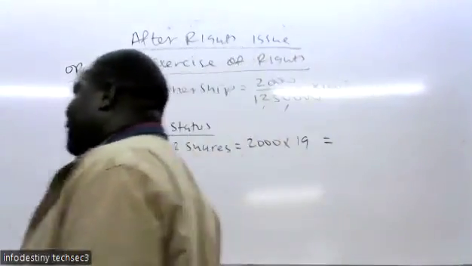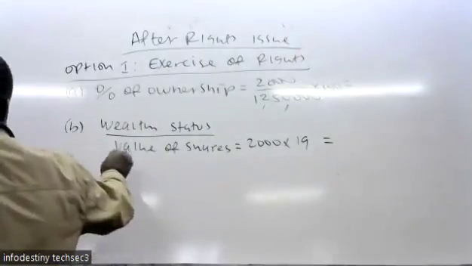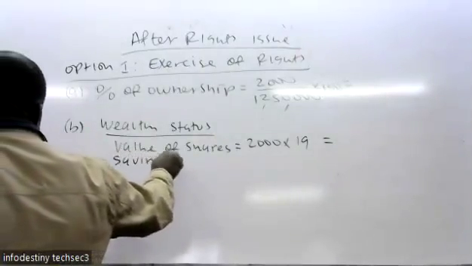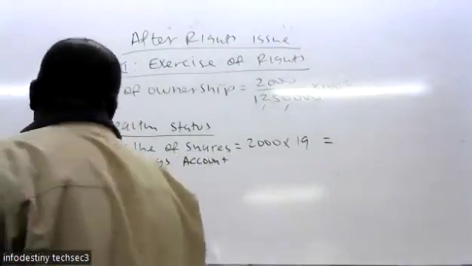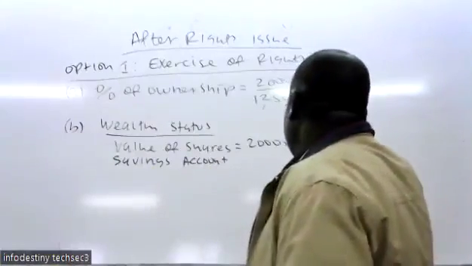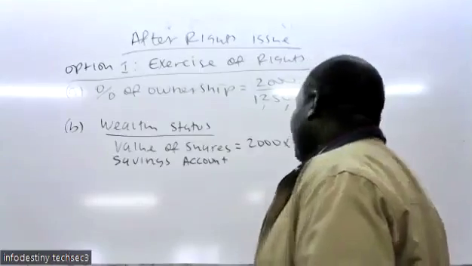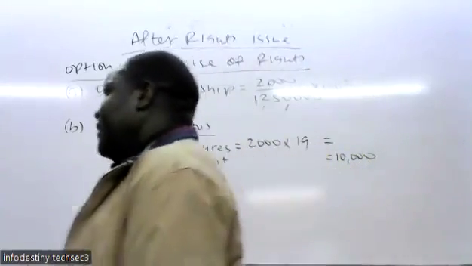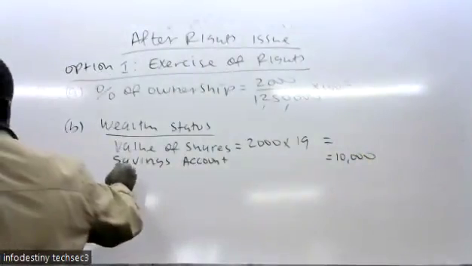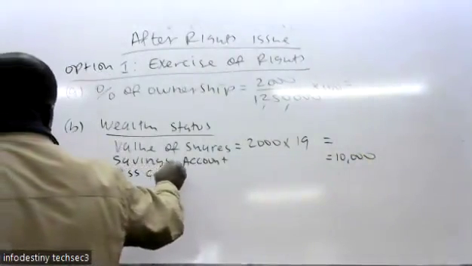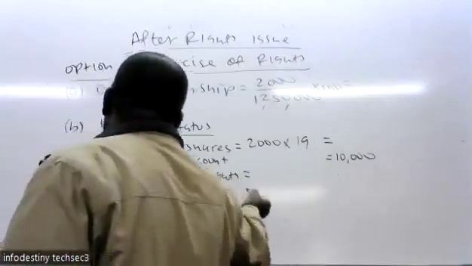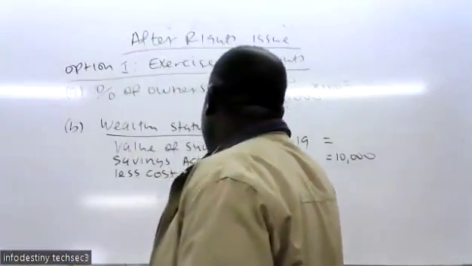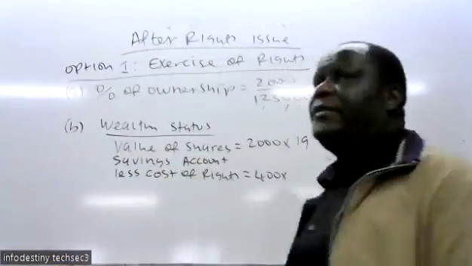Then he still has some money in the savings account. In the savings account, he had 10,000. Then, less the cost of the rights. He acquired 400 new ordinary shares.